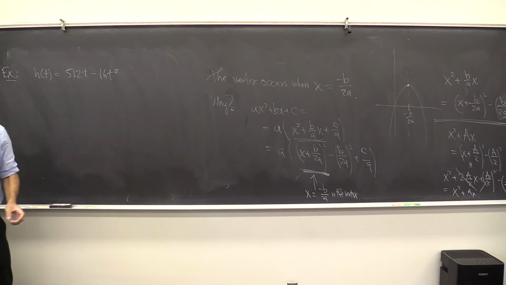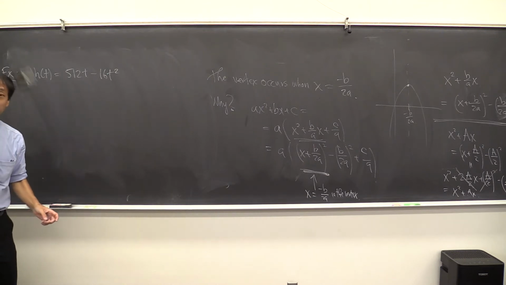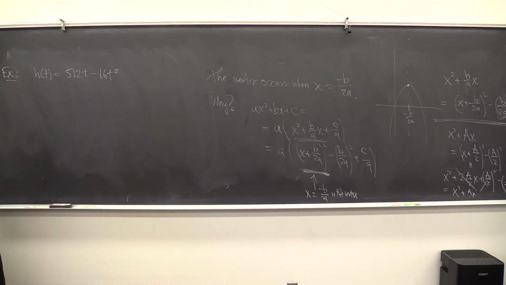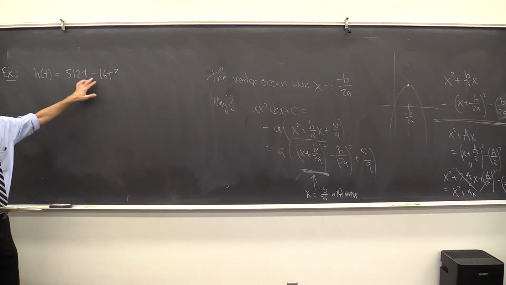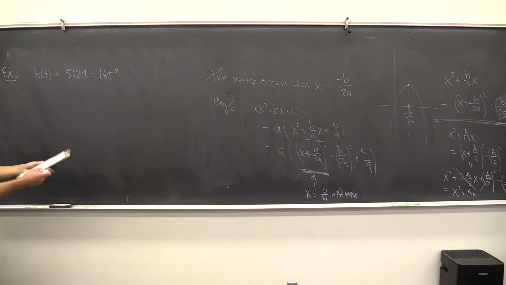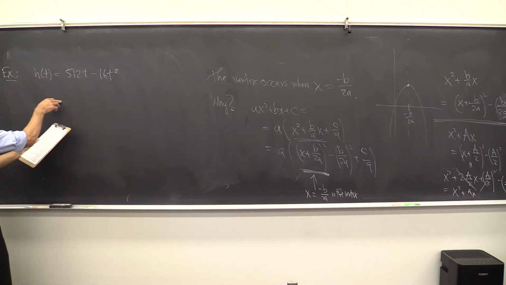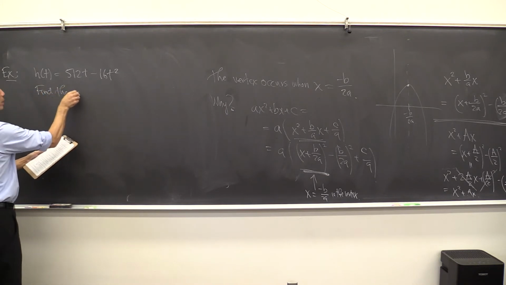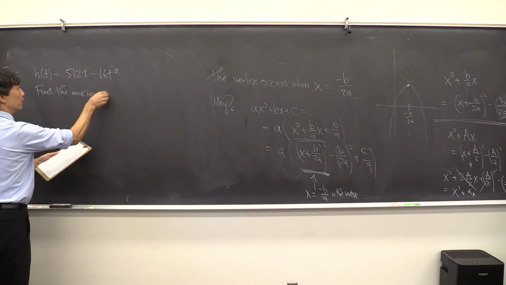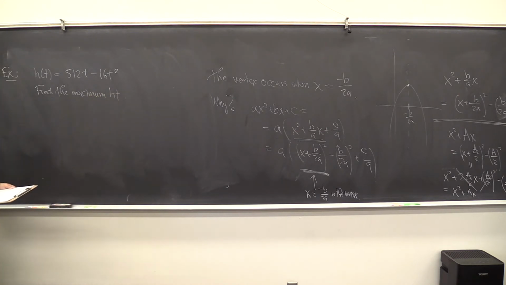When you throw something into the air, it actually does travel in a parabola, which is kind of cool. So here's some object thrown into the air, traveling in this parabola, and the question is, find the maximum height of this object.